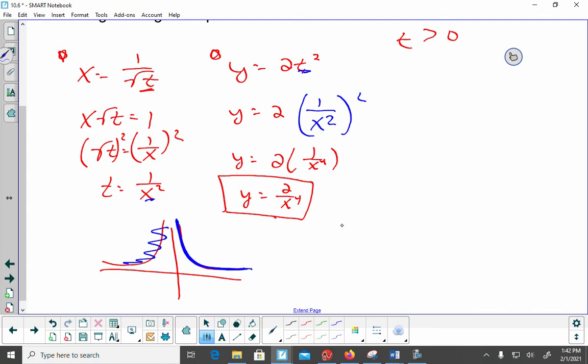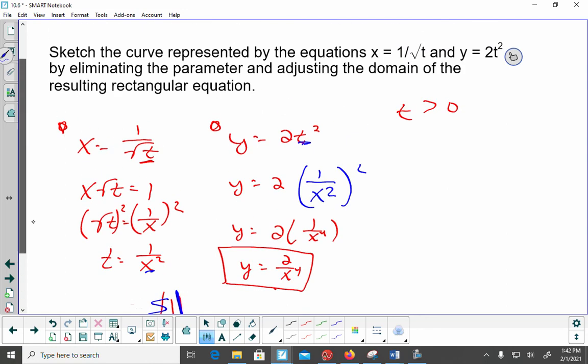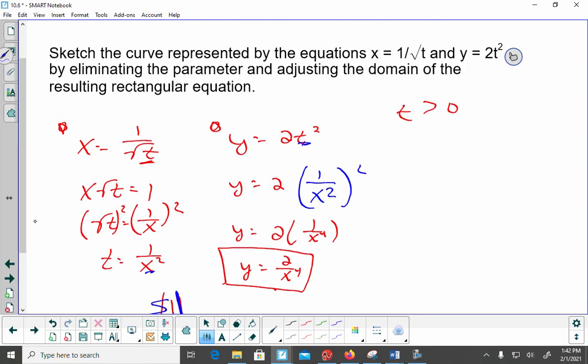If I wanted to know the direction, I would probably make a t, x, y chart real quick. So t, x, y, and I'm probably going to do 1, and 1 over square root of 1 would be 1, and then this would be 2. And the next one I'm probably going to do is 4, because that's an easy square root.